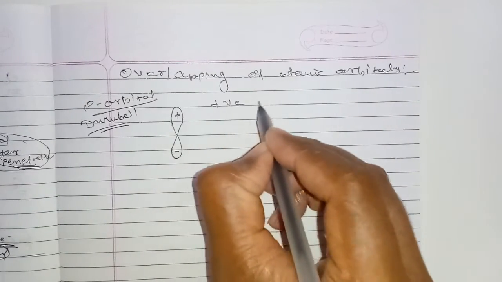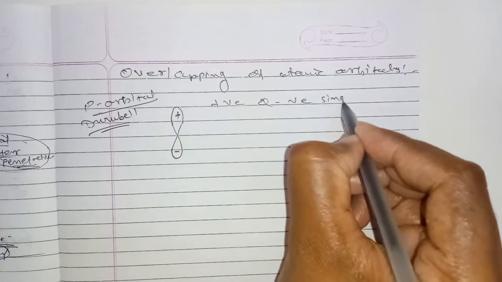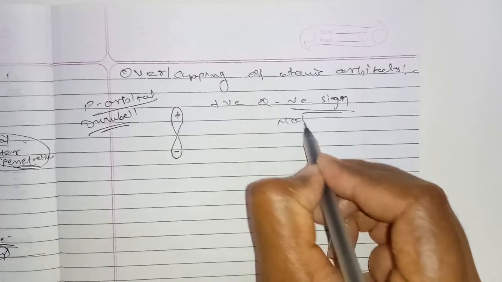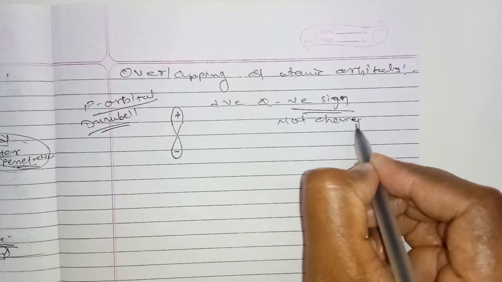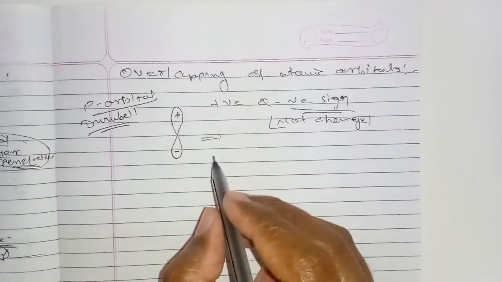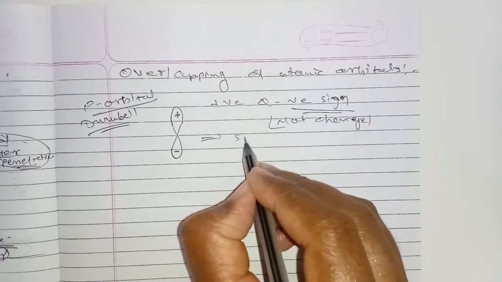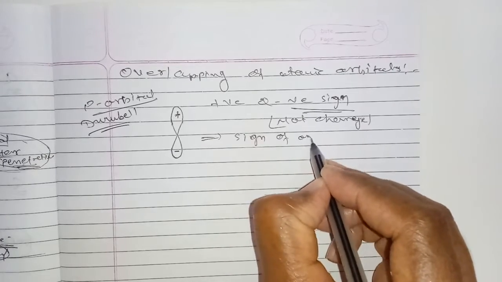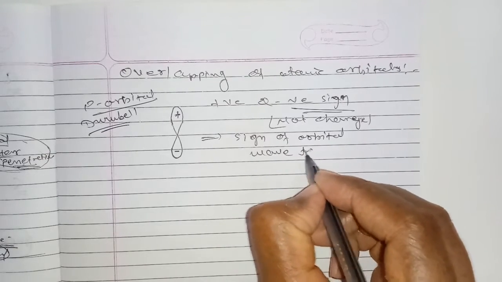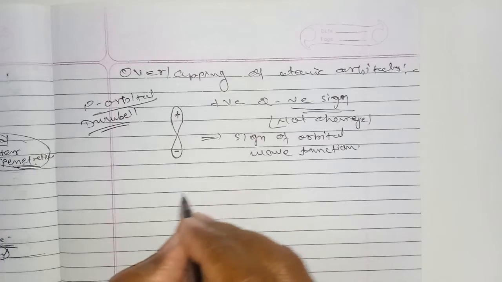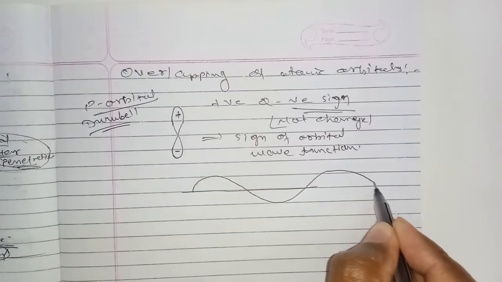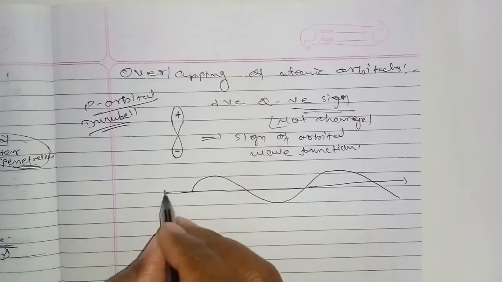This positive and negative sign is not a charge; it is the sign of the orbital wave function.